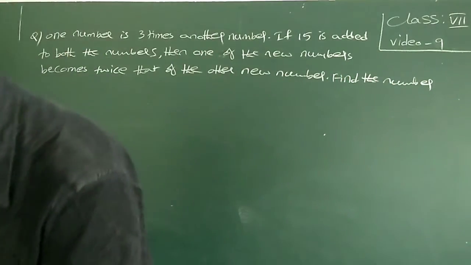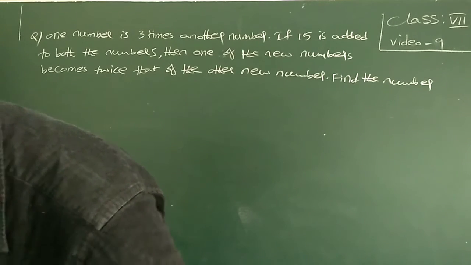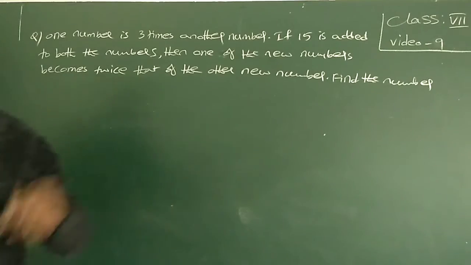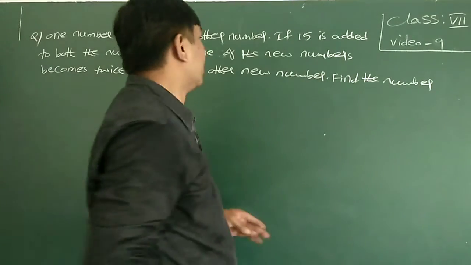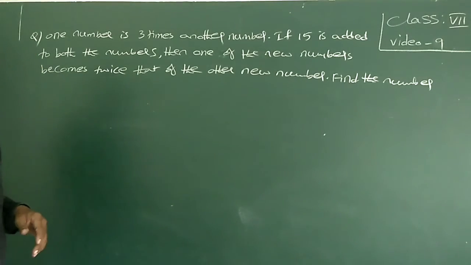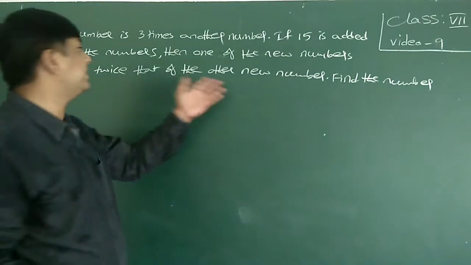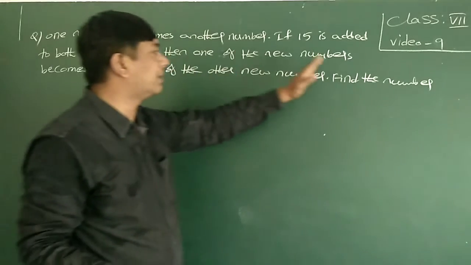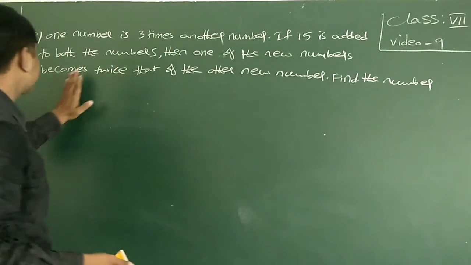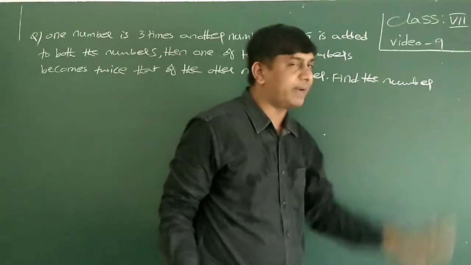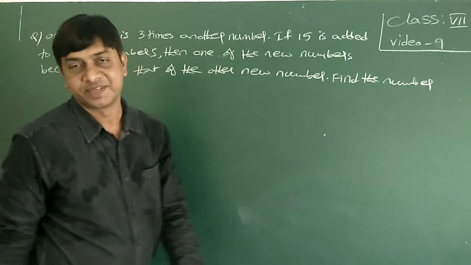Find the number. See here, one number is 3 times another number. If 15 is added to both numbers, then one of the new numbers becomes twice that of the other new number. Find the number. This is your question.